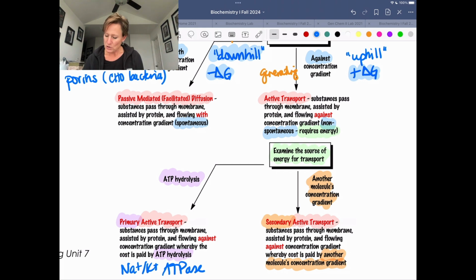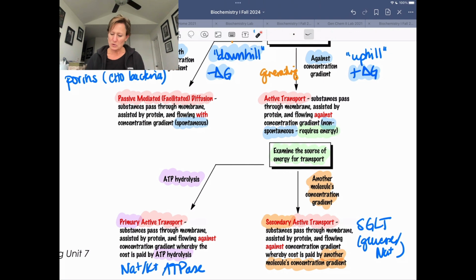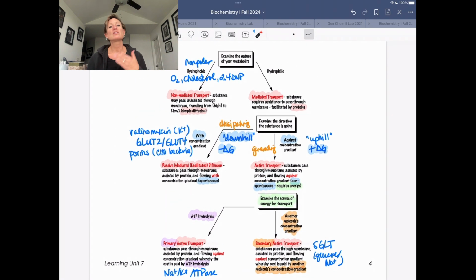Secondary active transporter, the main one that we're going to be talking about is the SGLT, the sodium glucose transporter. That's responsible for transporting glucose, and it's going to use a sodium gradient in order to move glucose against its concentration gradient. So a little summary here that gets us to think about the names of the different transporter systems that we need to think about.